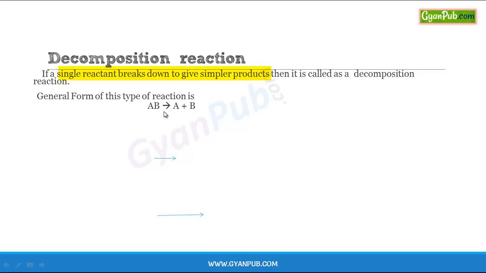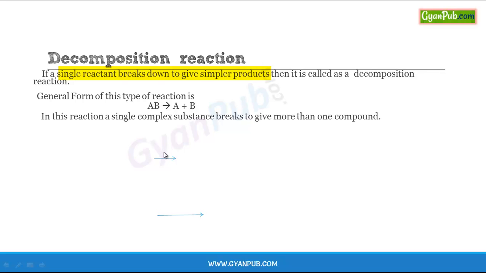This type of reaction in which decomposition takes place is called a decomposition reaction. So we obtain more than one compound from a single compound.